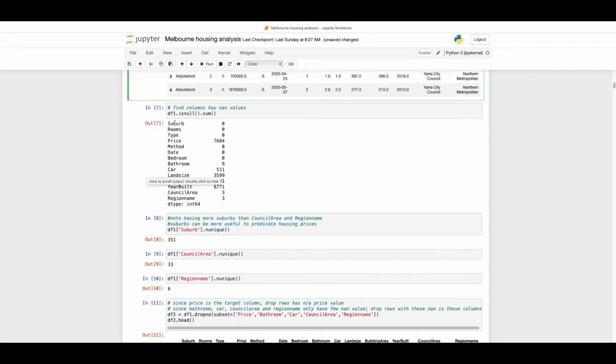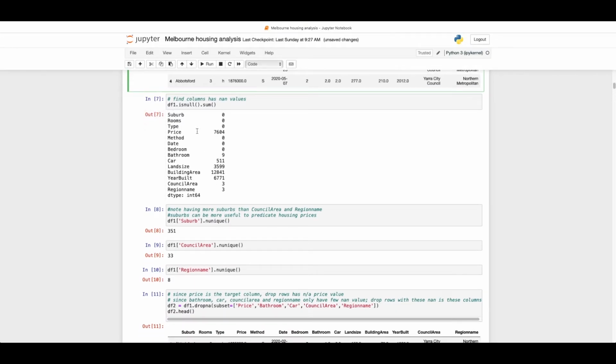And then I checked for missing values in each column, and I noticed the price has quite a bit of missing values. Since I'm going to predict the price, the price will be the target column, so we can't really make up any numbers to fill these missing values.